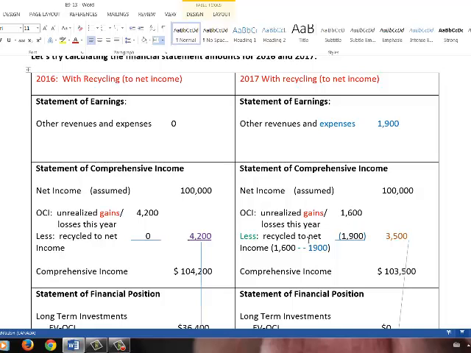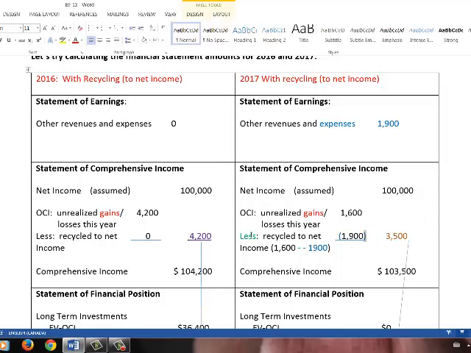And don't forget, you deducted a loss. This was a loss, right? Because remember, the unrealized holding loss was recycled as a realized loss into income. So this negative in front of the 1,900 I represent as a loss, and what I do here is just bracket it.